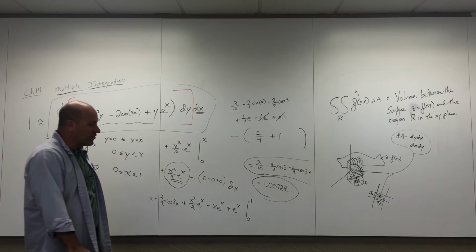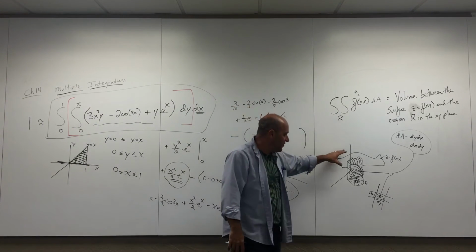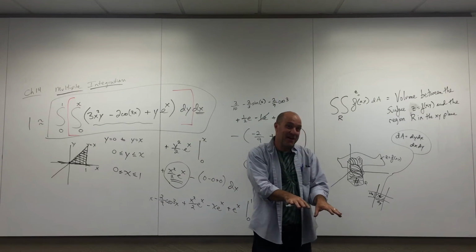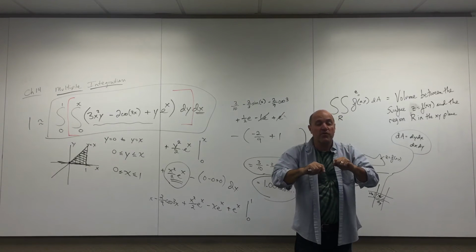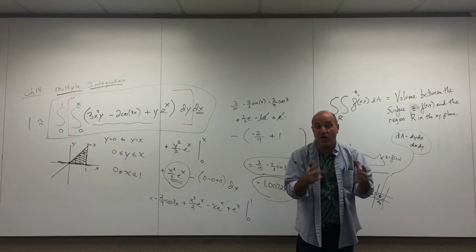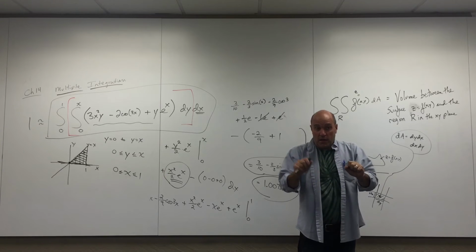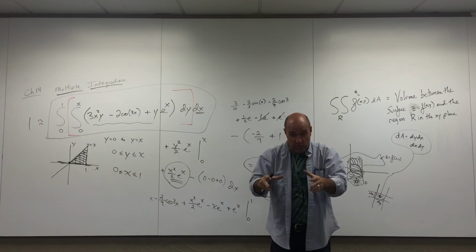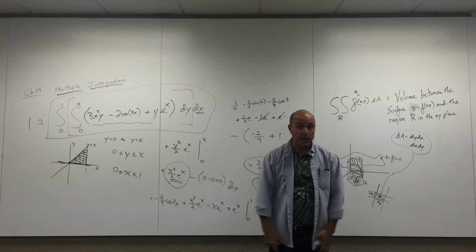You know, with this double integral, I like to draw the surface above the xy plane, but if the surface slices below the xy plane, the integral is going to call the volume between the xy plane and the surface negative. When the surface is above the xy plane, it's going to call that volume positive.